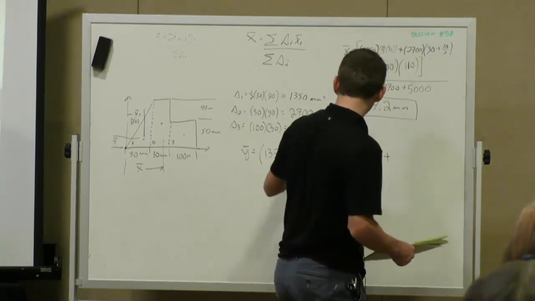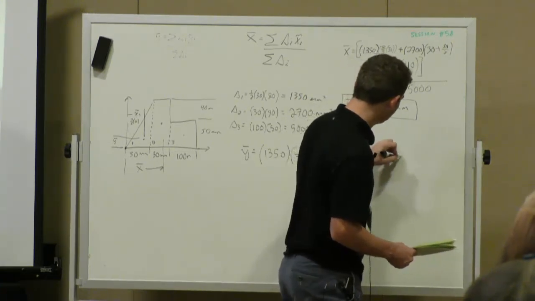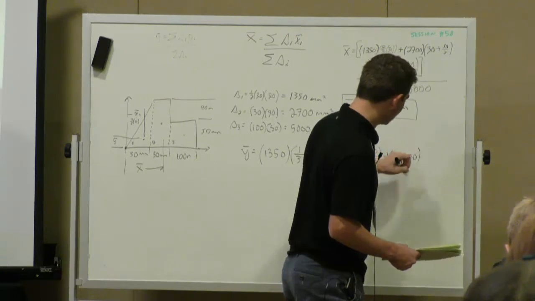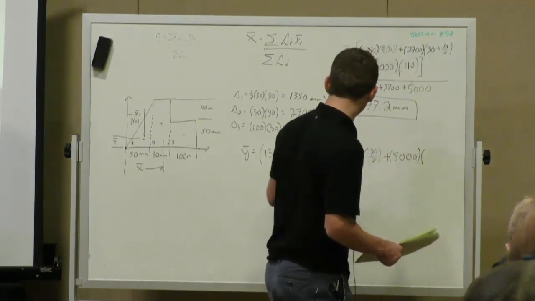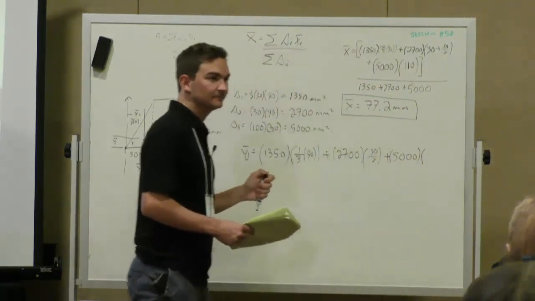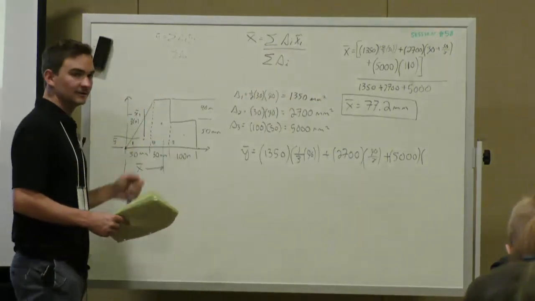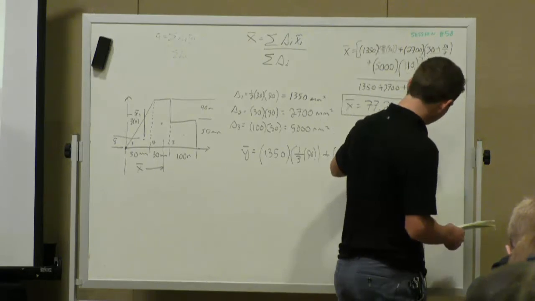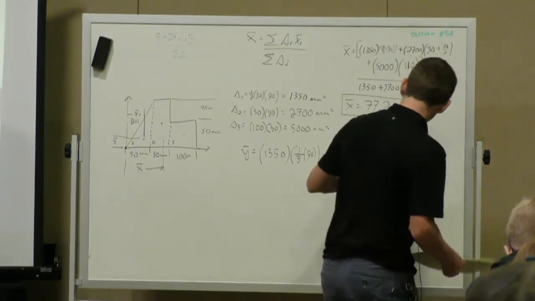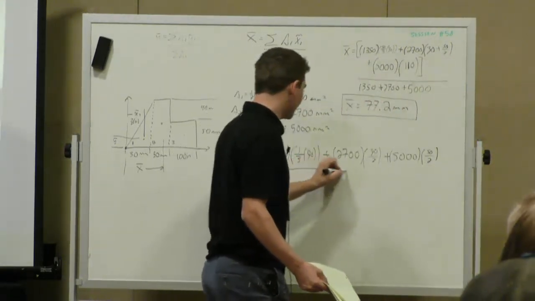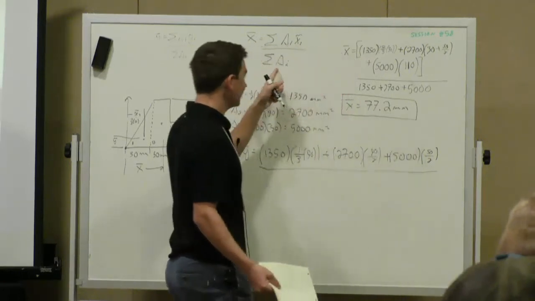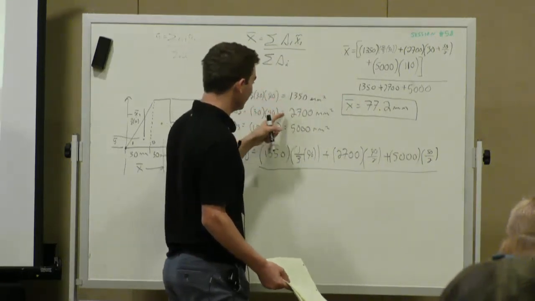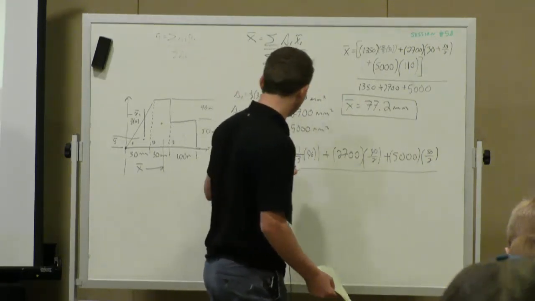And then lastly, we have our area 3 of 5,000. And what is that distance for y tilde? So it's 50 divided by 2. Yeah, so 25. And then that's divided by the summation of all the areas, which is equal to the total area of A1, A2, and A3.